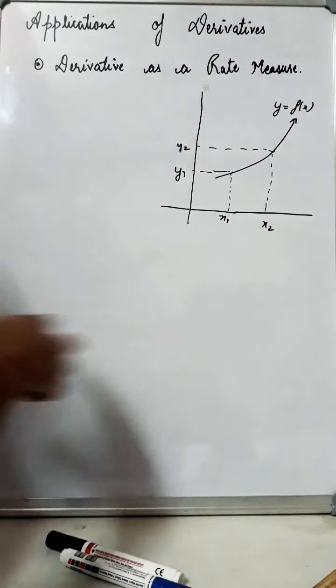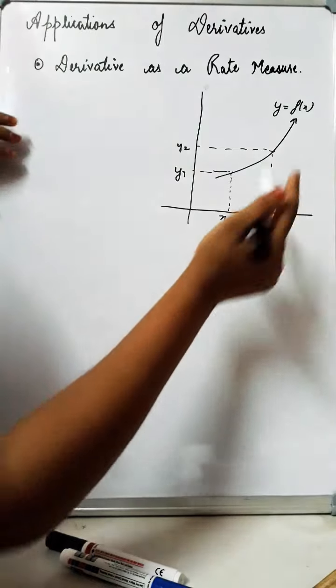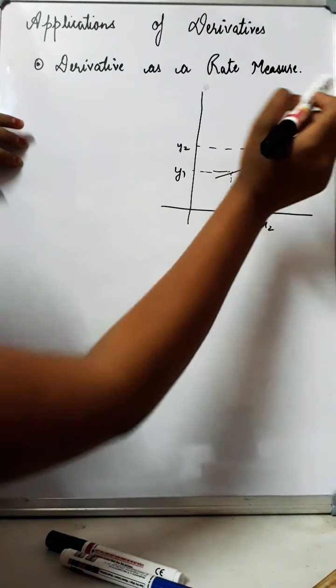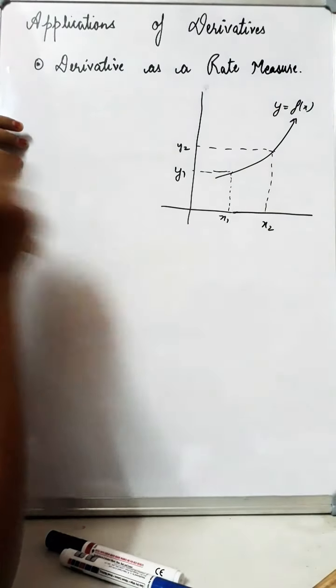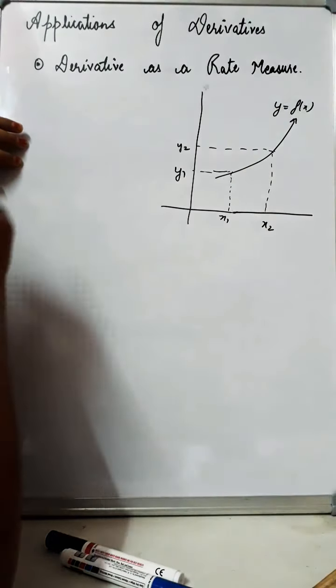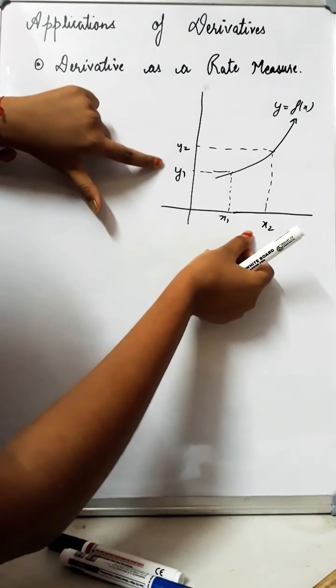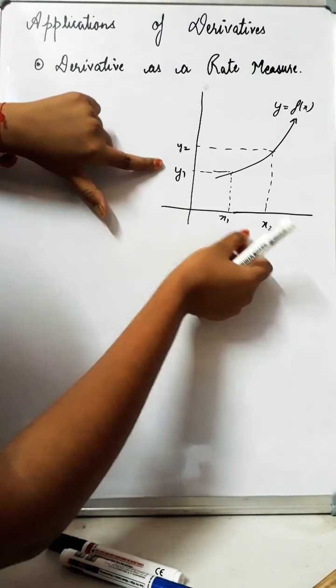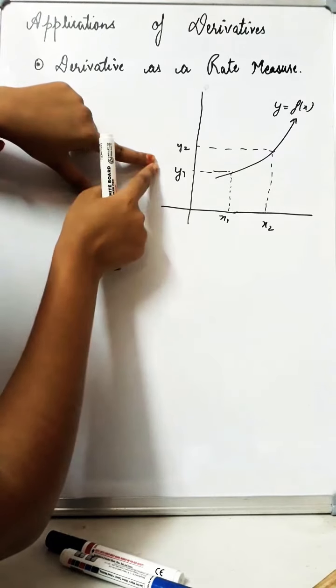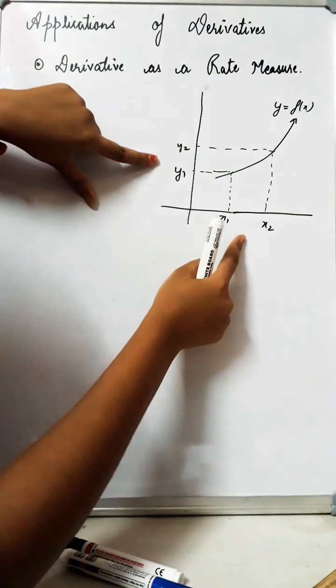Now look at this. You are familiar with this. You know there is a function y is equal to f(x) whose curve goes like this. Now as you make a slight change in your x, there is a subsequent slight change in y also. That means your value y is changing with respect to x.